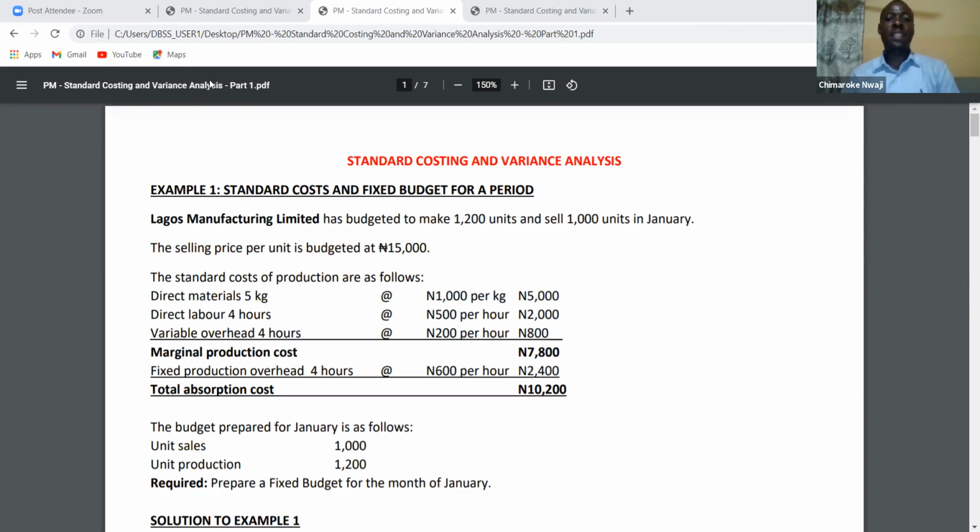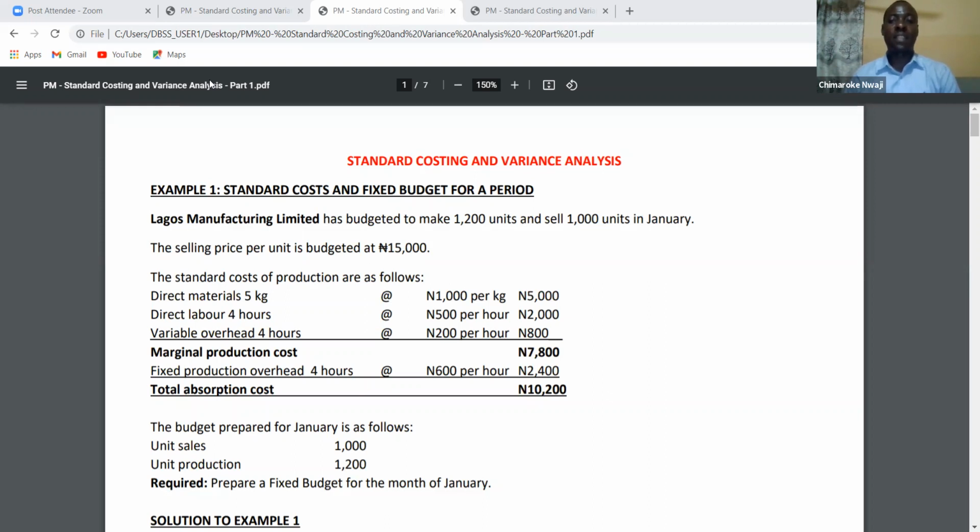So what it means is that if you want to make 10 loaves of bread, and the standard cost to make one loaf of bread is 50 naira, it means the budgeted cost for 10 loaves of bread will be 50 multiplied by 10 loaves of bread, which is 500 naira. So that's how we get the difference between a cost and a budget.